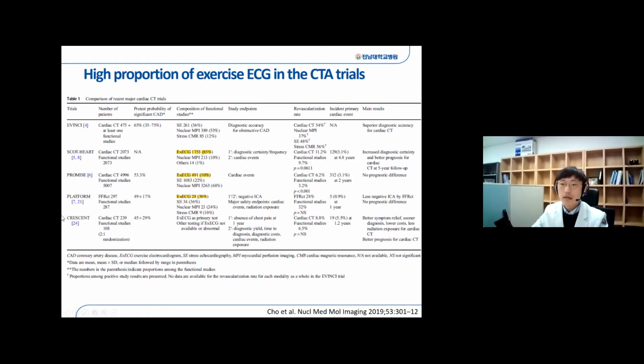And especially the CRESCENT trial used the exercise ECG as the primary test, the first line test, and other functional testing modalities were performed only if exercise ECG had been not available or abnormal.